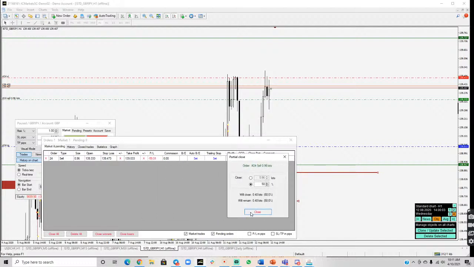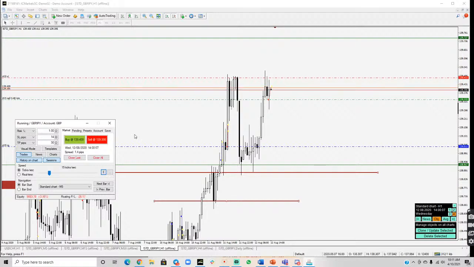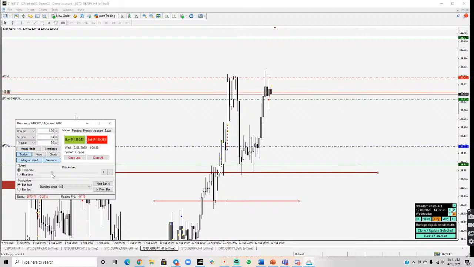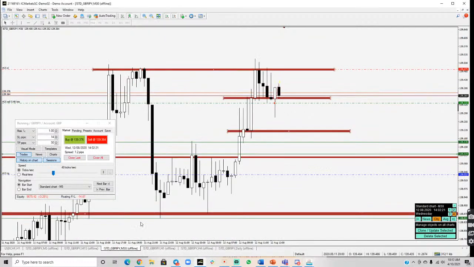So I'm closing about $30 there, or $29, $30. Just gonna leave the position to run to see if we will actually continue to push bearish or if we're gonna get stopped out.